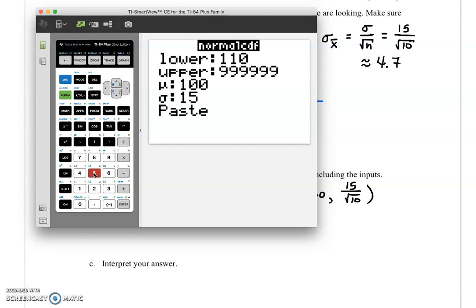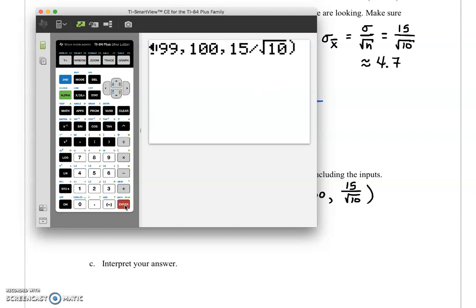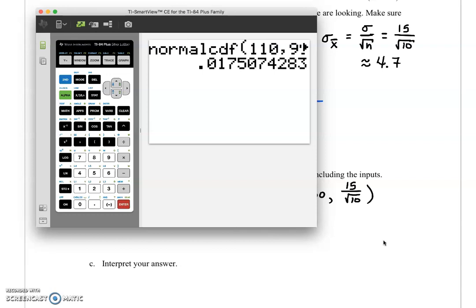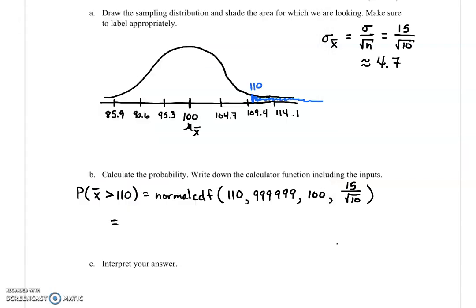We type 15 divide. We still use the square root, but do you see how it opened a parentheses? That's fine. We typed the 10 that we need, but we have to remember to close the parentheses. And then we just go to paste and enter. And we get a probability of 0.0175. So our probability is 0.0175.